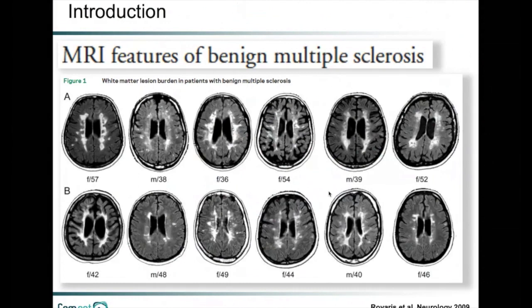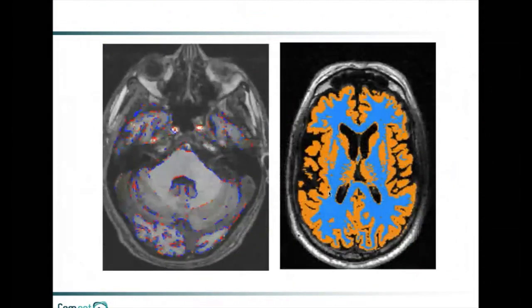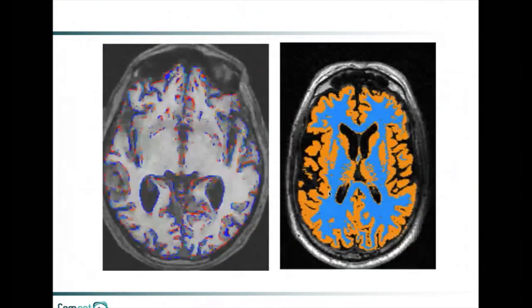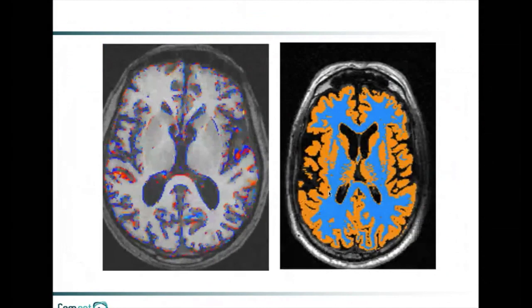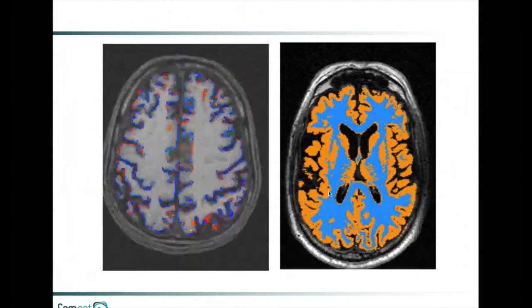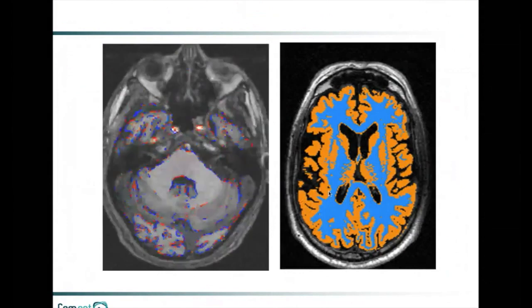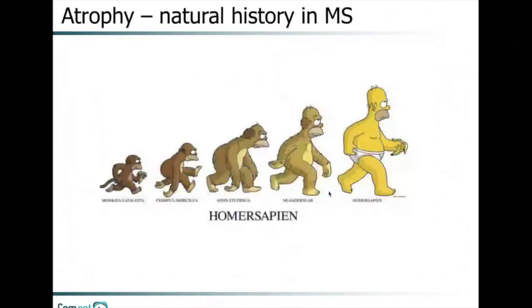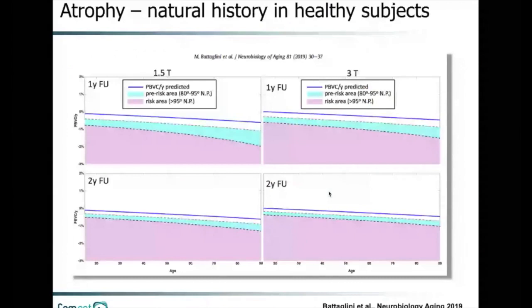And what I'm trying to tell you in the next few minutes is that atrophy can help us in this role. So I promise you the natural history of atrophy in multiple sclerosis was the second part of this talk. And first, we need to know that obviously atrophy is going on not just in patients with MS, but in all of us that are now in this webinar.